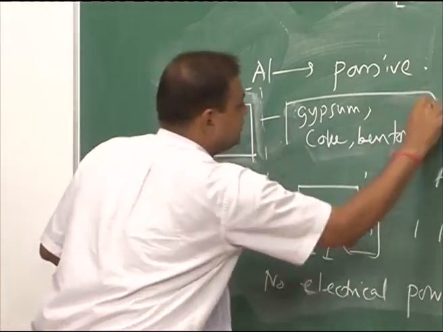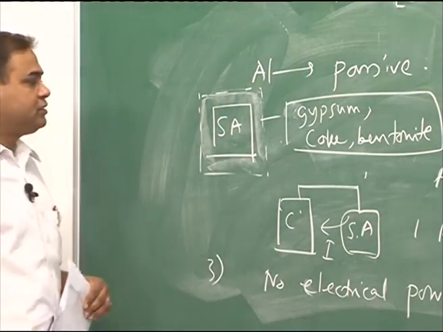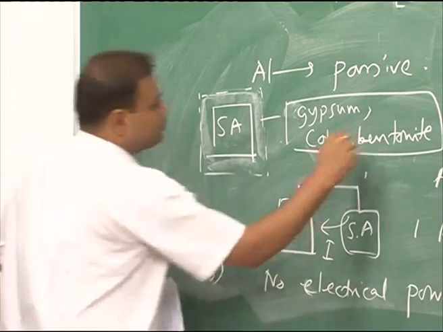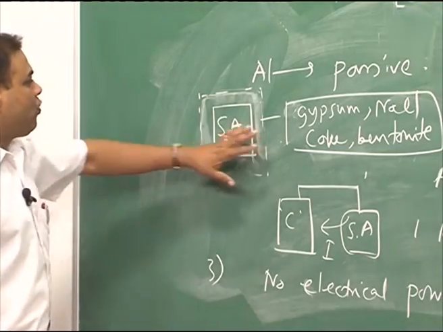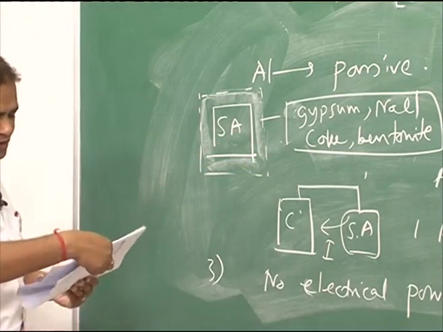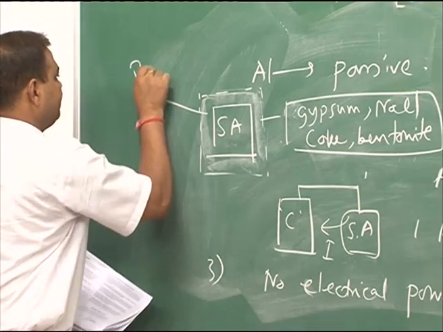This kind of material is placed on top of this sacrificial anode, and in case of aluminum we put NaCl. So, what does it do? It is called backfill.